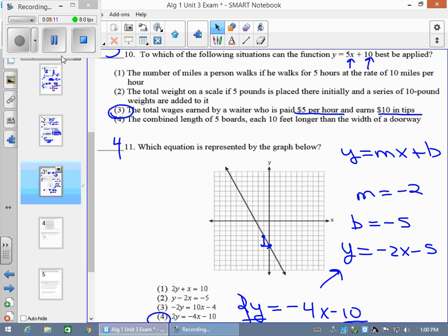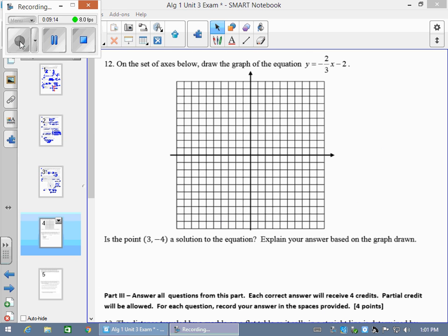Okay, for question 12, we're being given the equation y equals negative 2/3 x minus 2, and we're first being asked to graph this on the set of axes. So this has a slope of negative 2 over 3 and a y-intercept of negative 2.